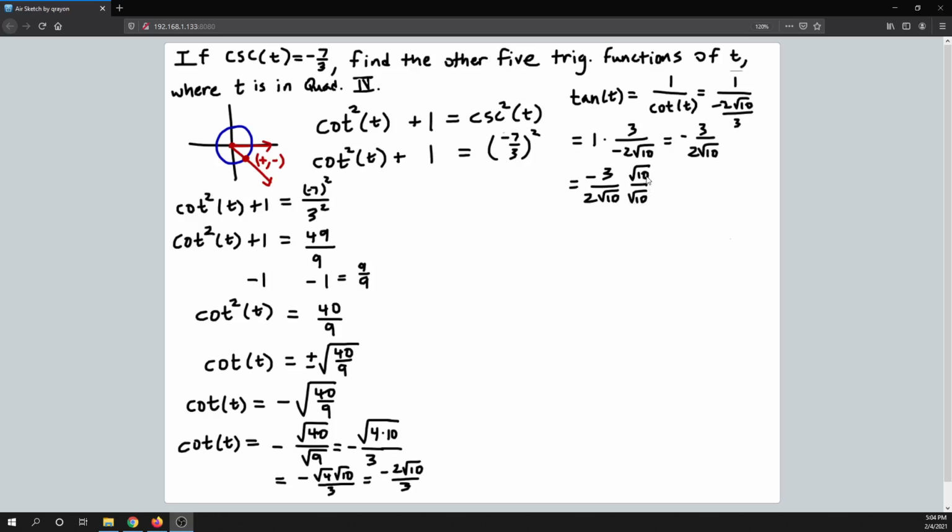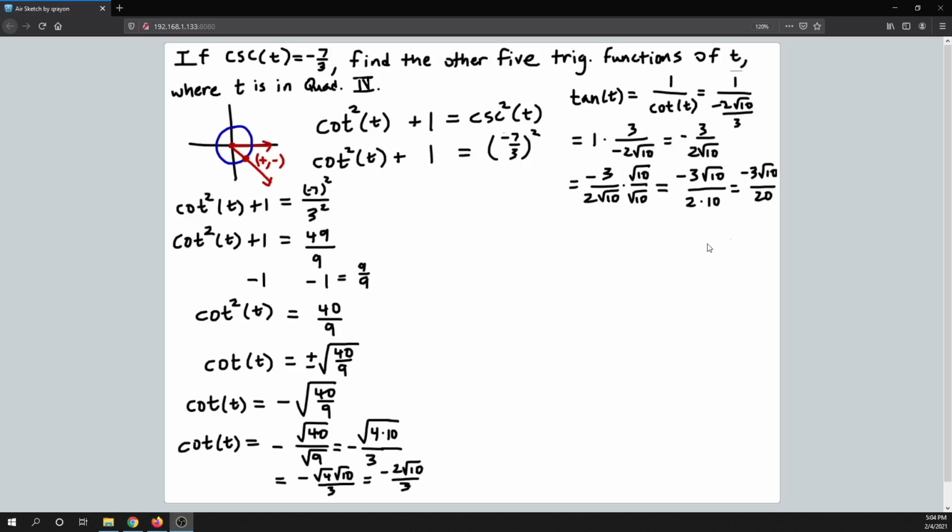And then to keep everything balanced, I need to multiply the top by square root 10 as well. So I get minus 3 square roots of 10. I have that 2 on the bottom, and then square root 10 times square root 10 is just 10, because you would get square root of 100, which is 10. And so the final answer here is minus 3 square root 10 over 20.